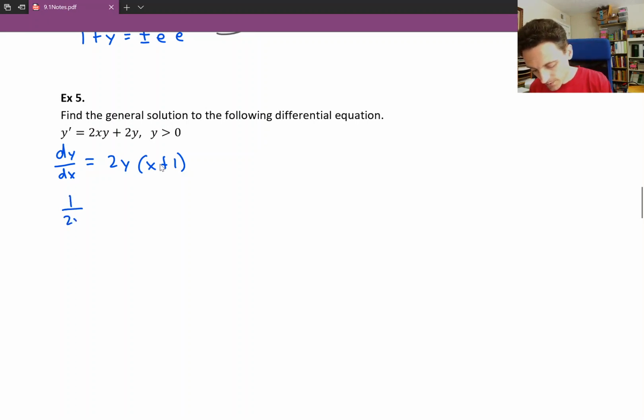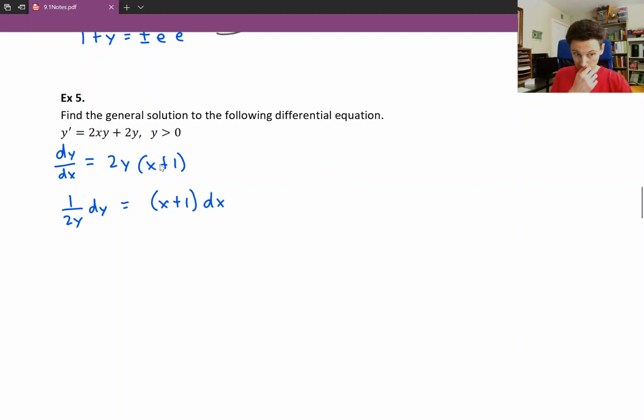So we'll do that in the next step: 1 over 2y dy equals x plus 1 dx. We've separated the y's on the left and the x's on the right.